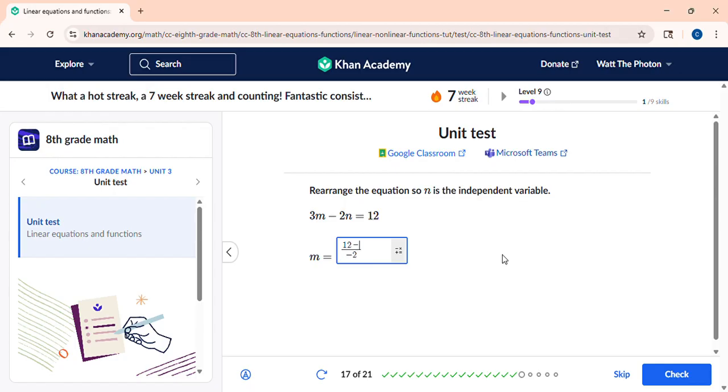Oh, I wrote that wrong. I took out the wrong variable, so it's going to be 3m is equal to 12 plus n. m is equal to 12 plus n over 3. That's what I want.